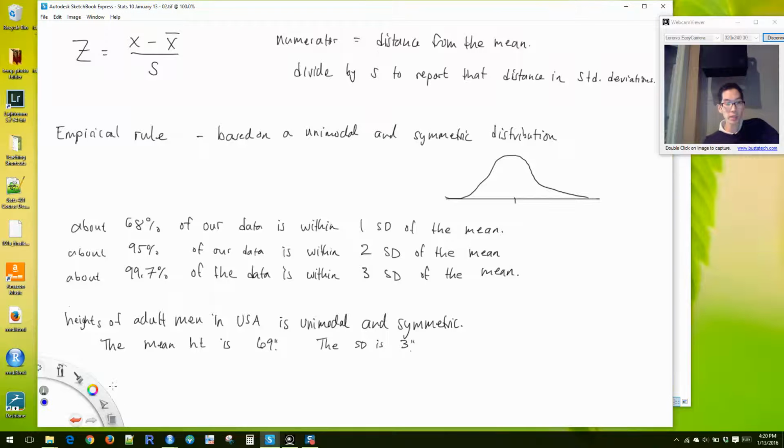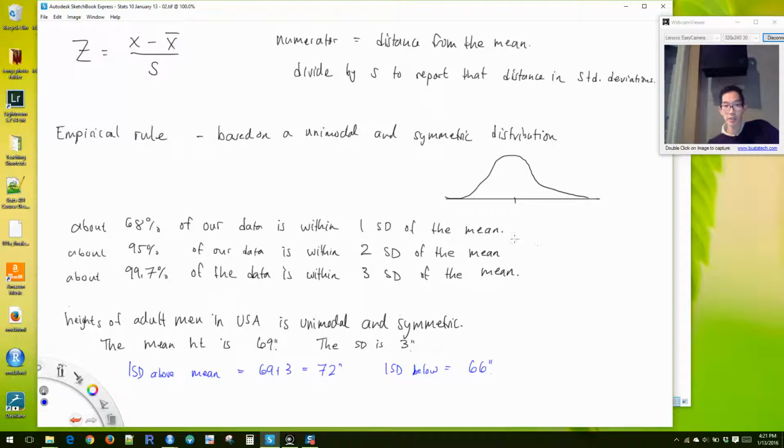And so what this says is that, within 1 standard deviation of the mean, so 1 standard deviation above the mean would be what? 69 plus 3 inches, 72 inches, okay? And 1 standard deviation below the mean would be what? 66 inches, okay?